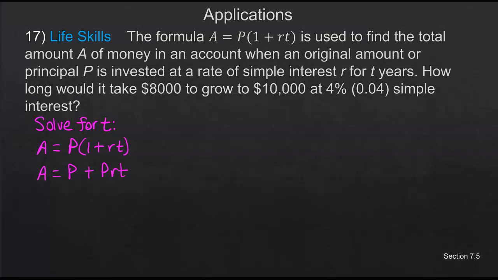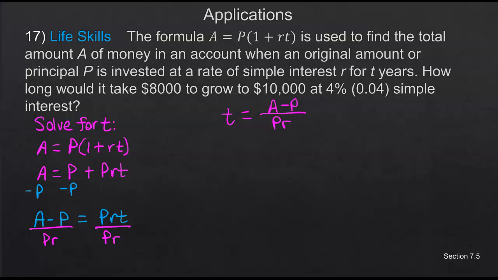And then we're trying to get to the t, so we want to subtract the p on both sides. Then we divide by pr to solve for t. Okay? So t is A minus p divided by pr.